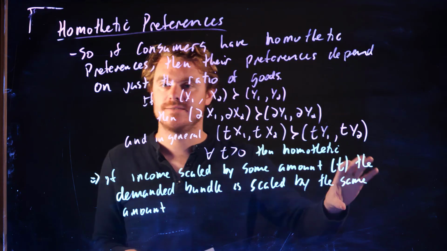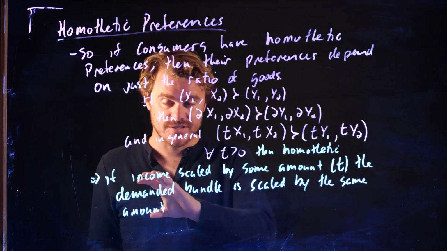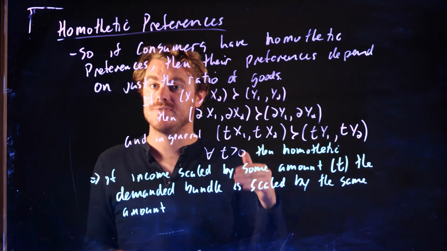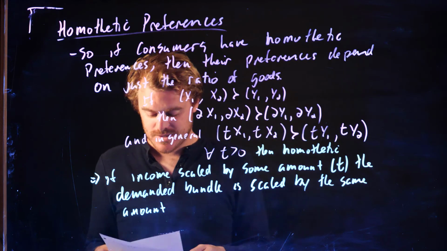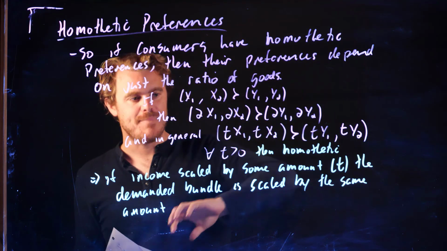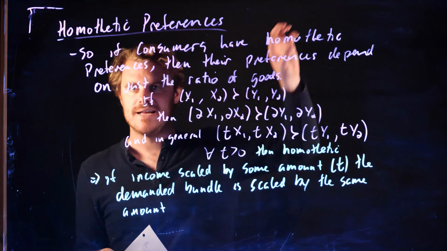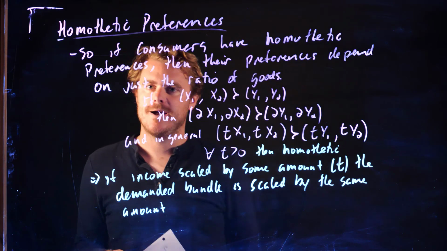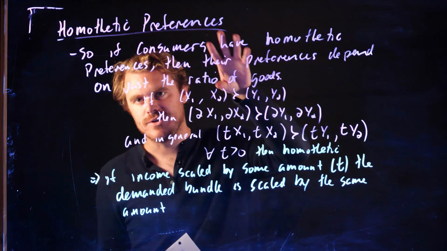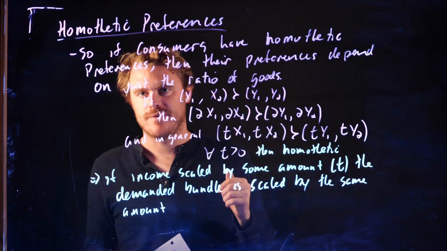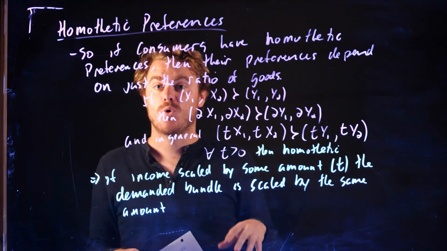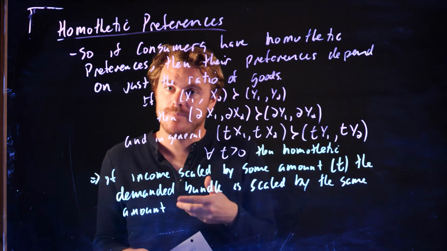You're going to see this is true for all these preferences that we've seen so far when we've been drawing their Engel curves. And so that's why we have these straight lines out of the origin for these Engel curves, because all these preferences we've looked at so far this chapter are homothetic preferences. But let's look at quasi-linear preferences, which have a little bit different of a shape.